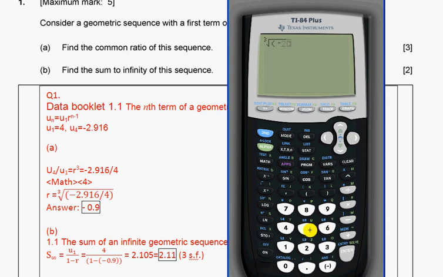2.916 divided by 4, bracket closed. But I think I made a mistake here. I should insert one point. So I go to this position. I press second delete, which gives me insert, and I put here point.